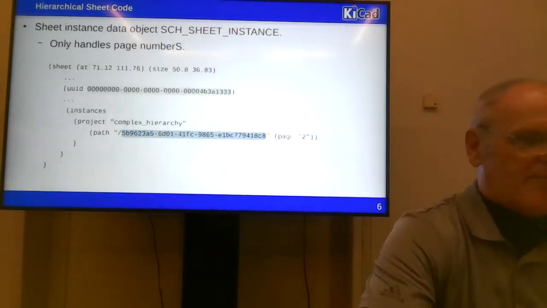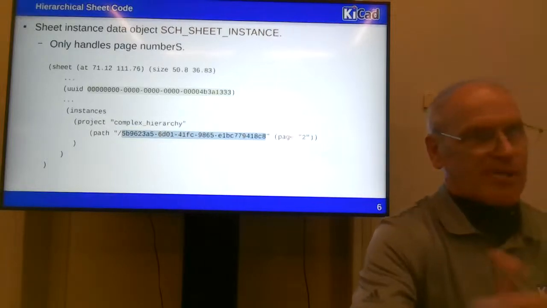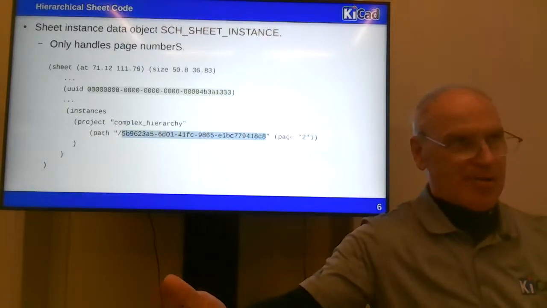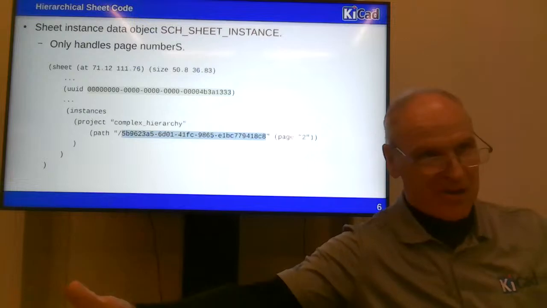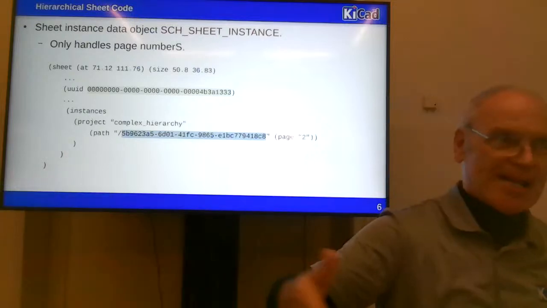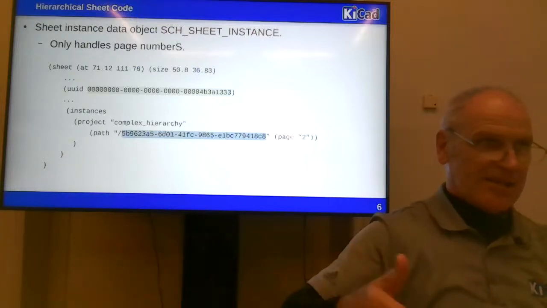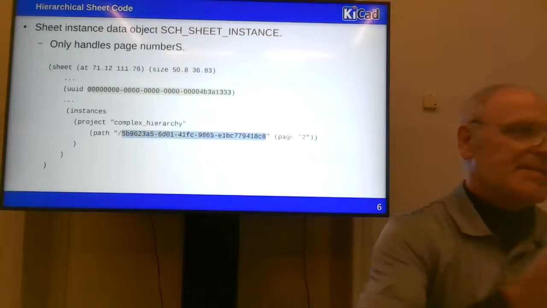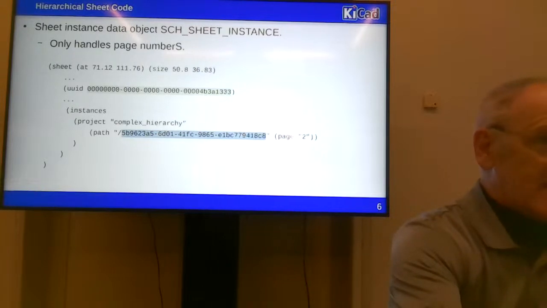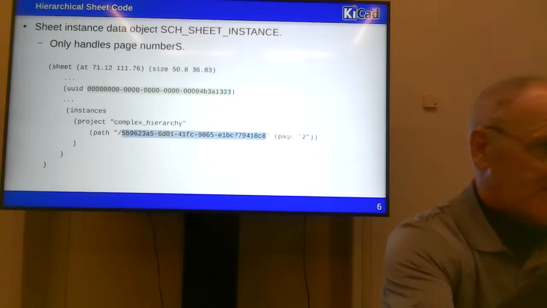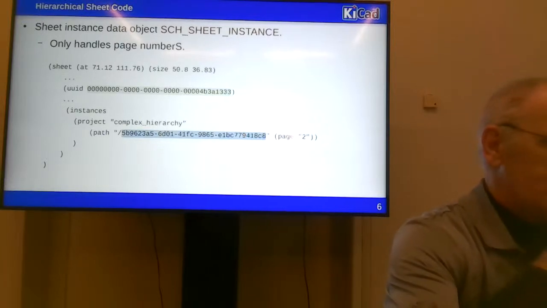So this is one level down from root. And you look in the path and it's one level down from root. So that sheet exists one level down from the root sheet. And of course, if it was 2 levels, there'd be another UUID. If it was 3 levels, there'd be another UUID. You can see UUIDs get complex, right? So they're hard to look at, but we need to guarantee uniqueness in the paths to ensure that we don't have a clash in the instance data.